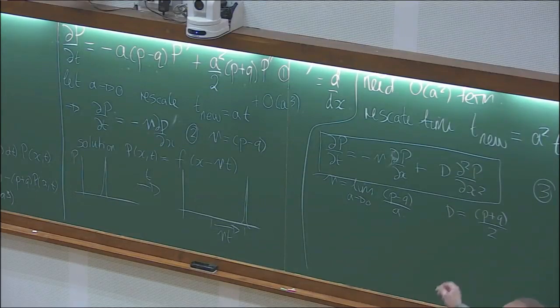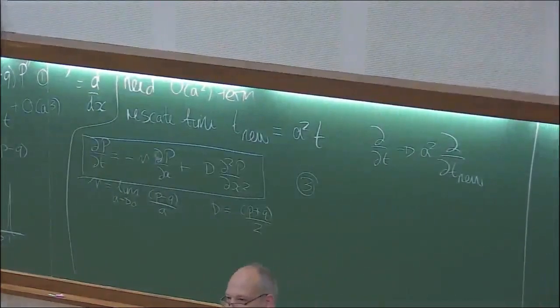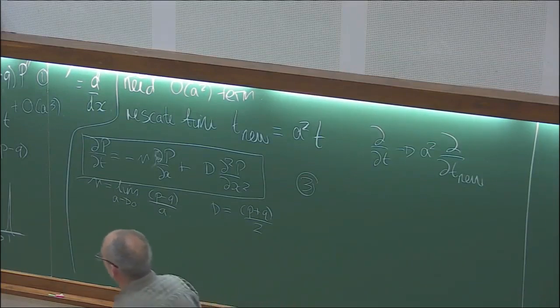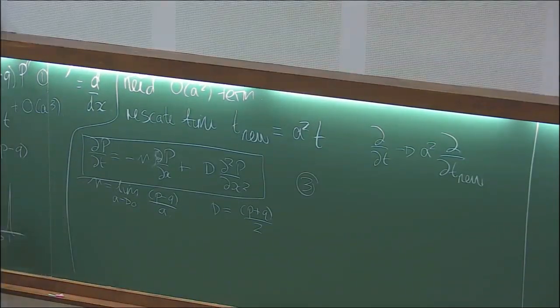That's what you have to do. That is the limit. So your lattice spacing is going to 0, and also the bias has to go to 0 as a. If you don't have that, then this term dominates, and you end up with some deterministic thing where the drift simply dominates, and the only thing you see is the initial condition being translated.